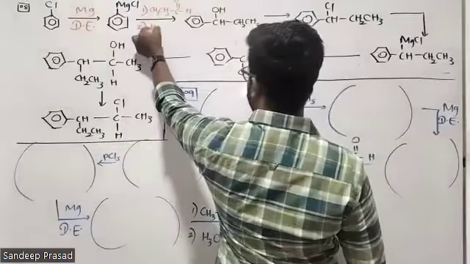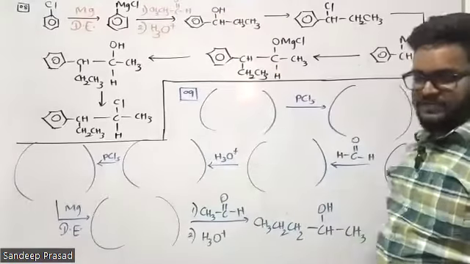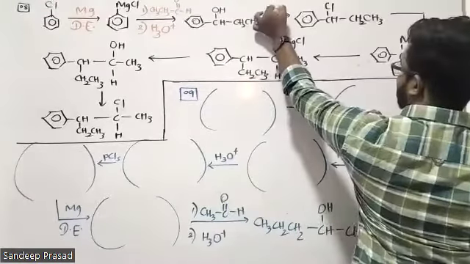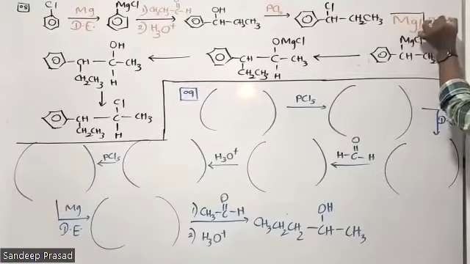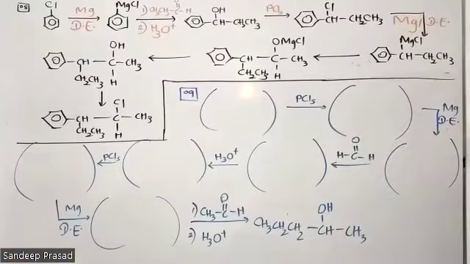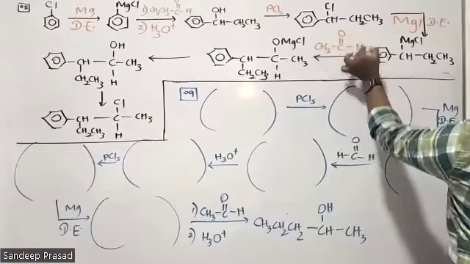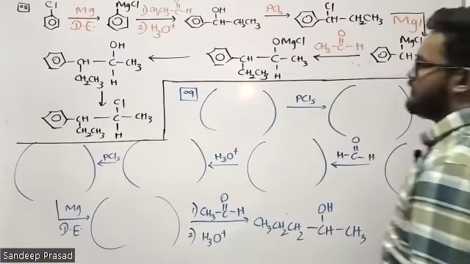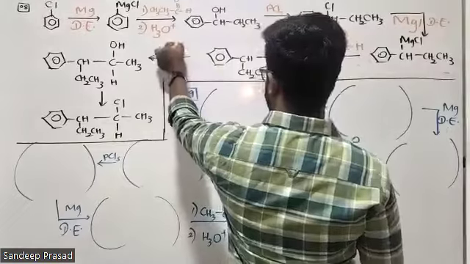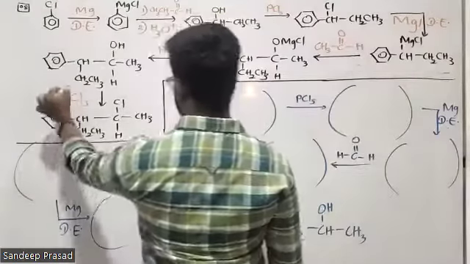Secondly, H3O+. It's compulsory to put 1 and 2. Here PCl5, magnesium diether. And here we can put CH3CH=O, ethanal. H3O+ is added here, and PCl5. Very easy. Right?